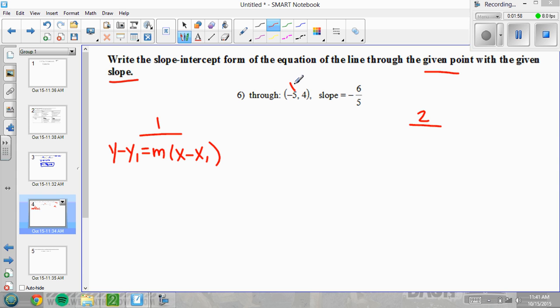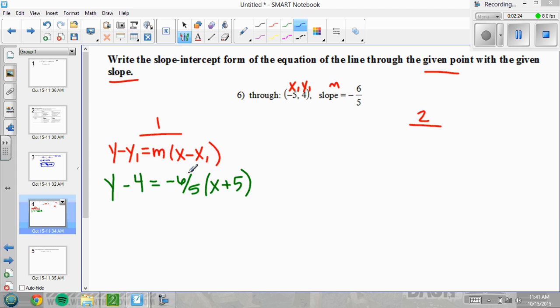If it helps, label your point x1, y1, and put m for slope, so you know exactly what you're plugging in. So y minus 4 equals, my slope is negative 6/5, times x minus negative 5. And remember, minus and negative means plus.